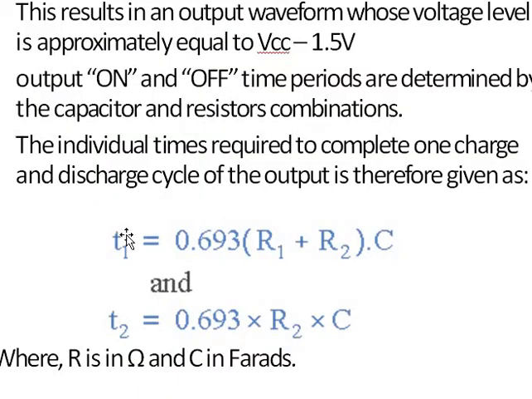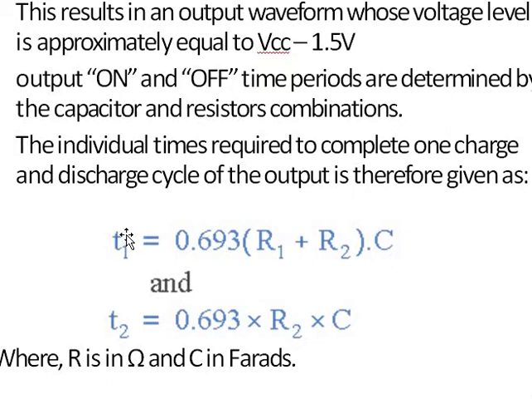This charging and discharging depending upon the capacitor voltage results in an output waveform whose voltage level is approximately equal to VCC minus 1.5. The output on and off time periods are defined by the capacitor and resistor combination, as we discussed.